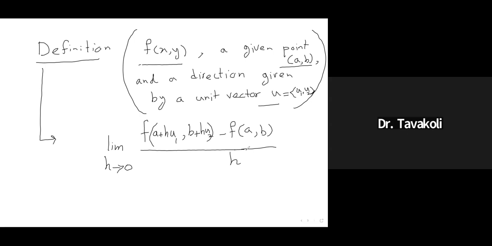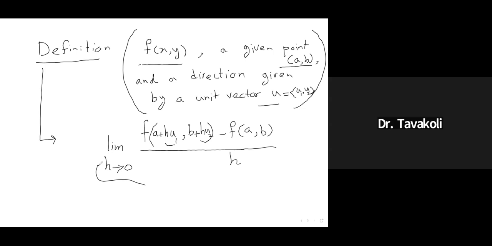It says that if we move a little bit from (a, b) to some other point in the direction of (u1, u2), multiplying h by u1 and u2 simultaneously and adding to a and b guarantees that we move in the direction of u. But as h tends to 0, it means that we are very close to the original point (a, b). But what does this difference quotient measure? It measures the rate of change for the function f in the direction of u.